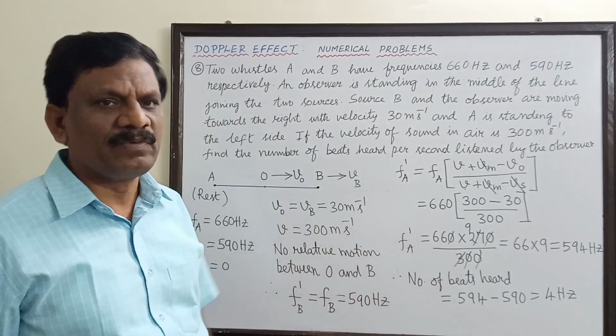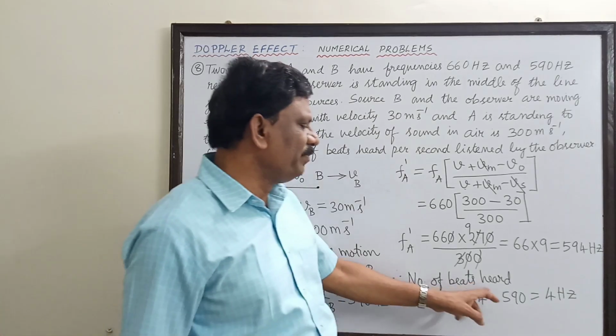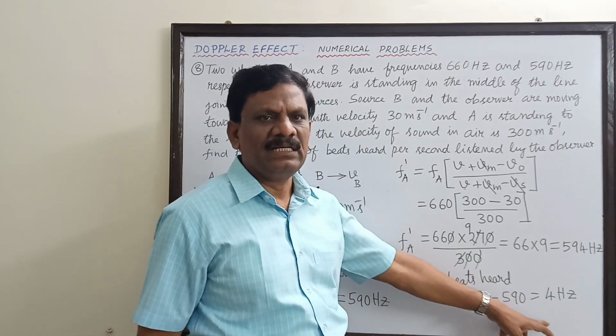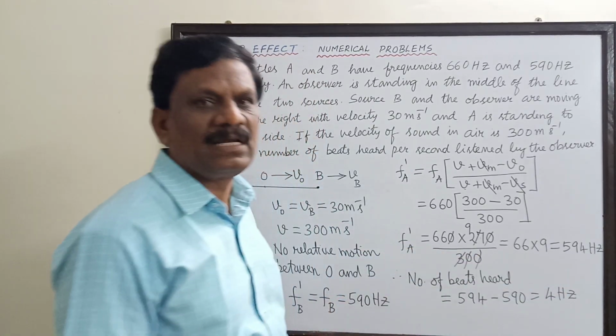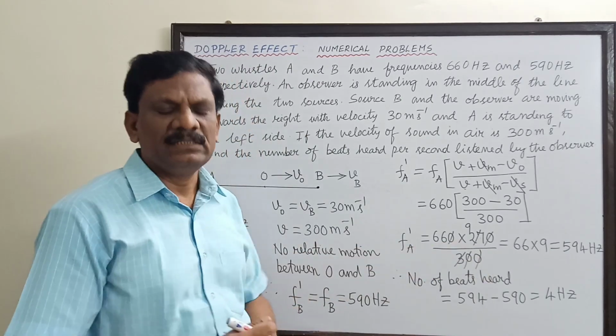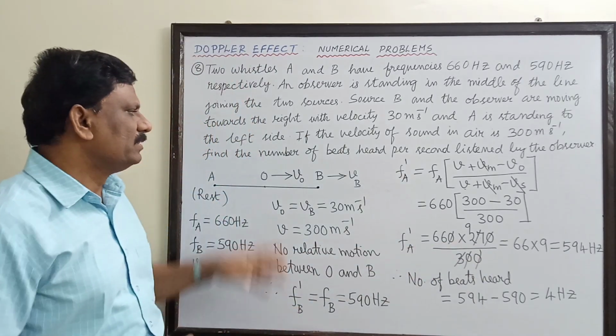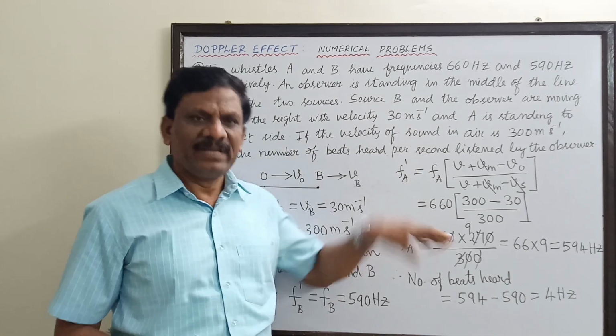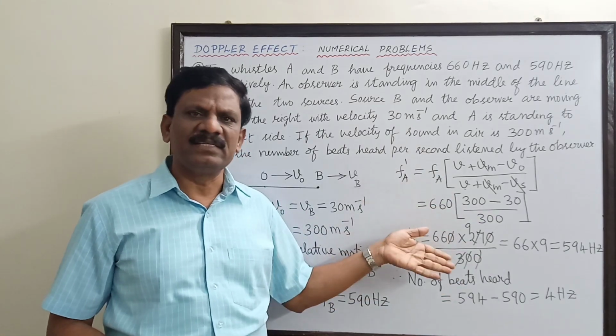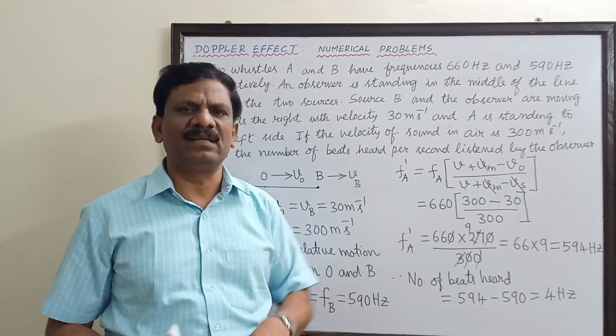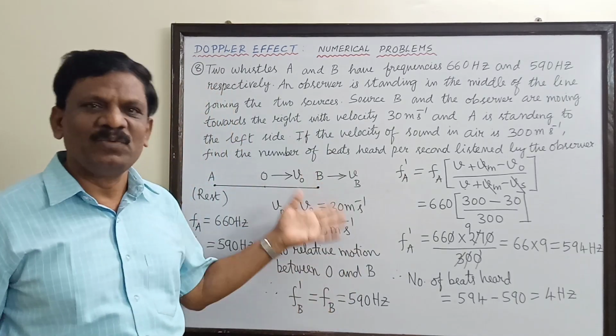That is the beat frequency, 4 Hertz. This type of problem is very commonly asked in multiple choice questions in our board exam itself. I hope you have understood well. Fine.